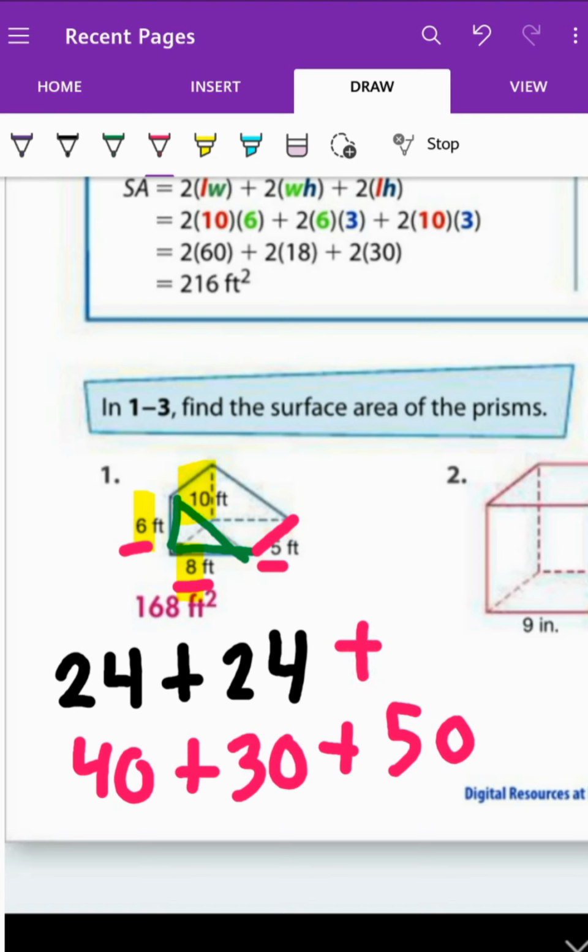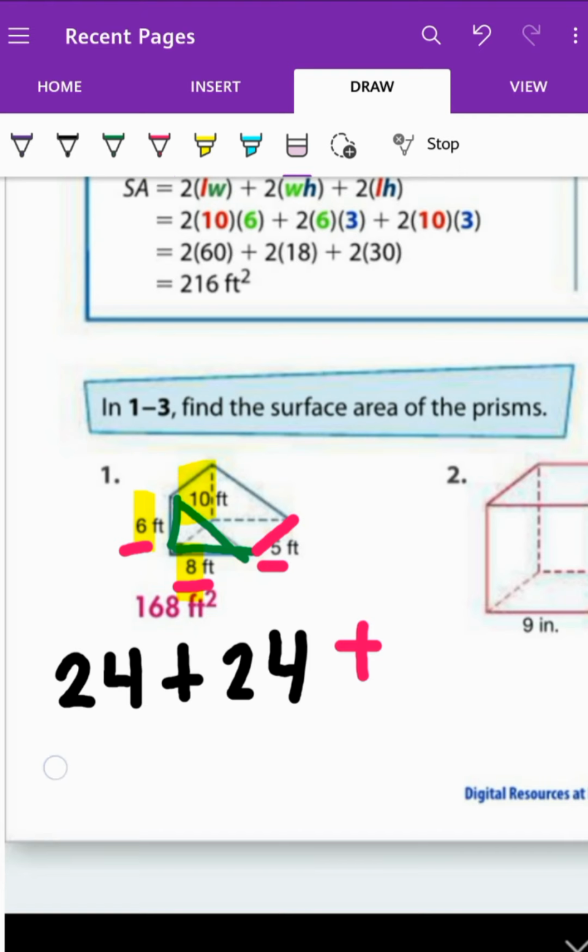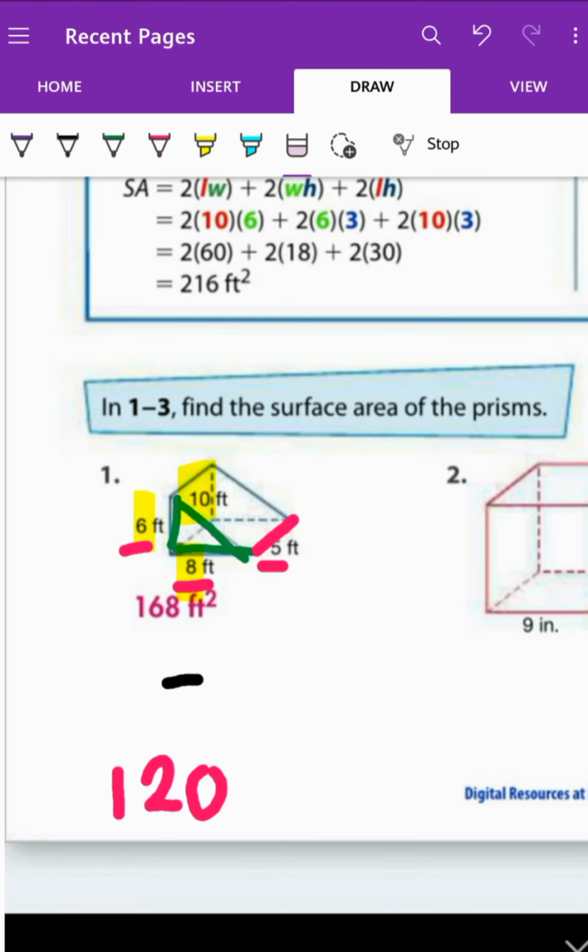So we add all. 50 plus 30 plus 40, it is 120. 120 plus 48. So it is 168.